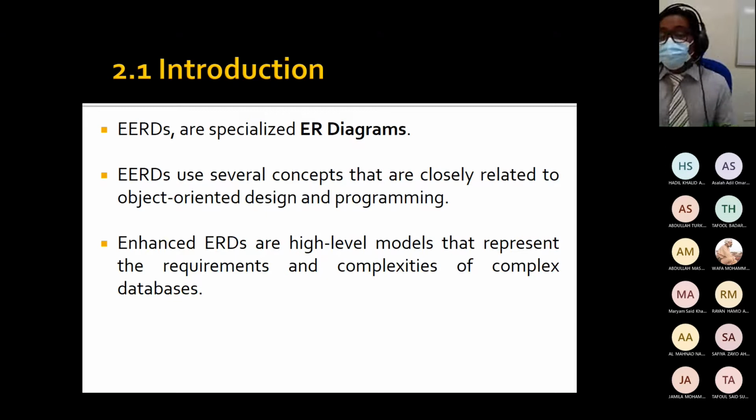EERD is used for several concepts that are closely related to object-oriented design and programming. You might have heard about OOP. I believe that you have a subject on OOP somewhere in your diploma too. It's object-oriented programming. Which means if you're now performing an EERD, you are almost close to coding. You get me, right? Just like you're writing code, but you're not writing syntax at the moment.